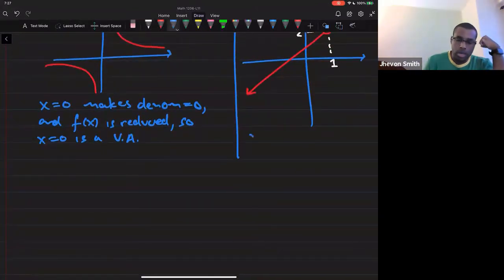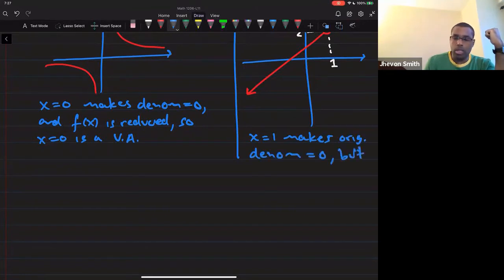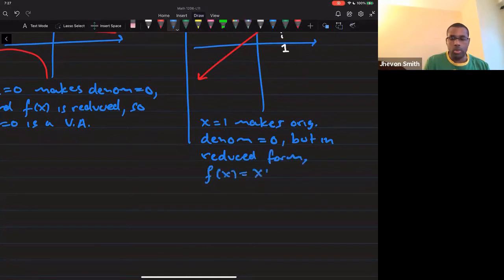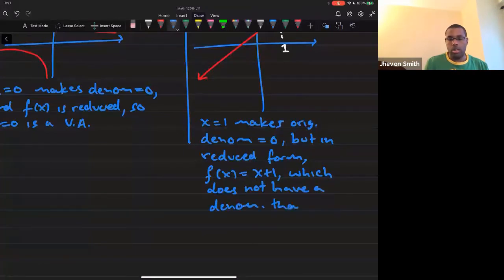And so here, x equals 1 makes the original denominator equal 0, but in reduced form, your f of x is just equal to x plus 1, which does not have a denominator that x equals 1 makes 0.